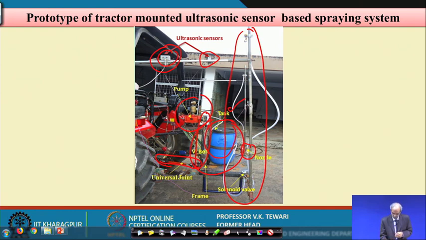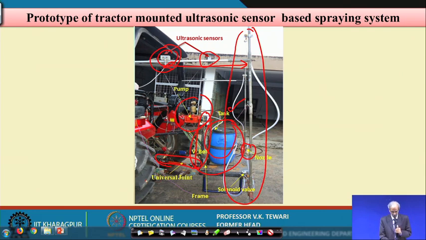The nozzles are here, at a certain distance, so we need to maintain this distance. Generally, this distance varies between 2 to 3 meters or so, depending upon the type of the sensor. Generally, within 3 meters we would like to keep the sensor and the nozzles. And we also need to match the speed of the tractor.